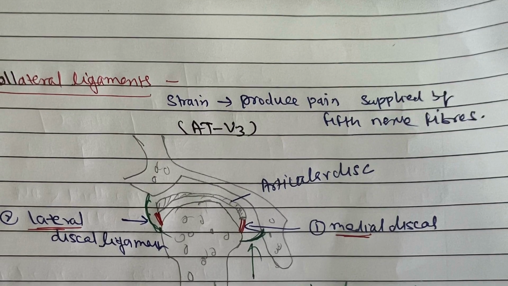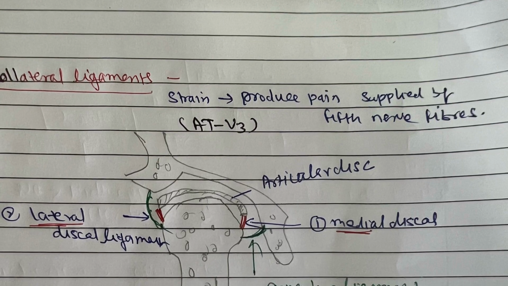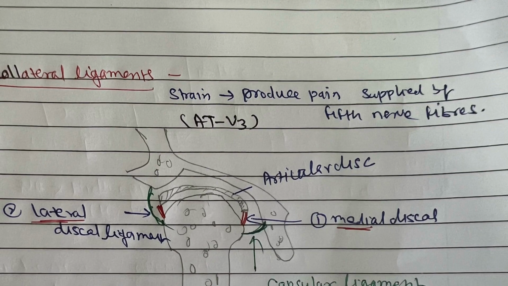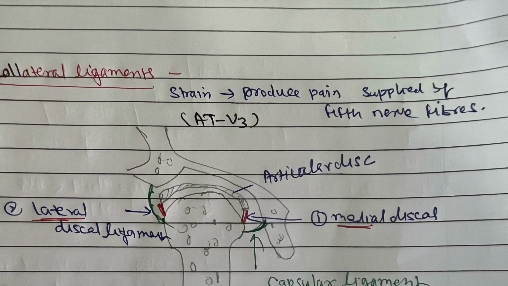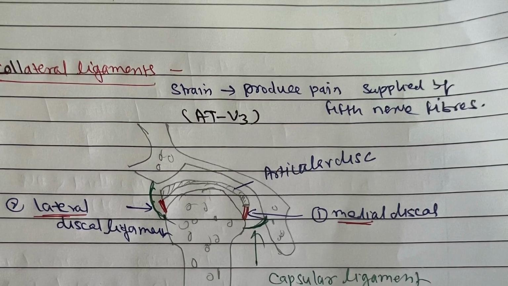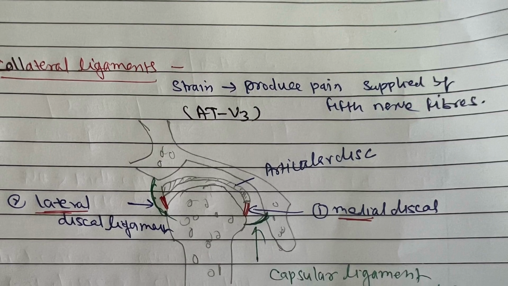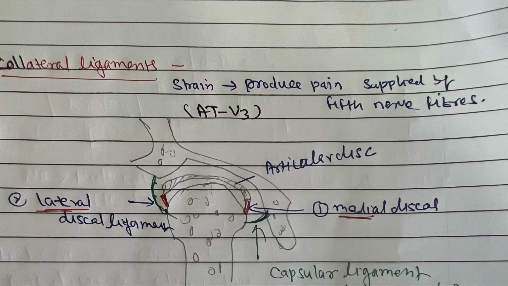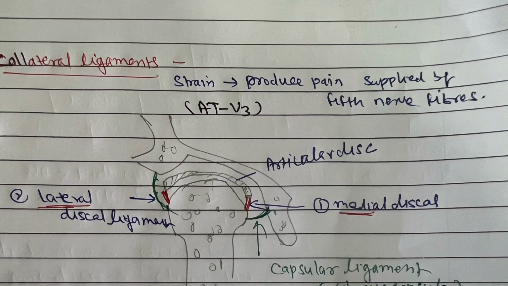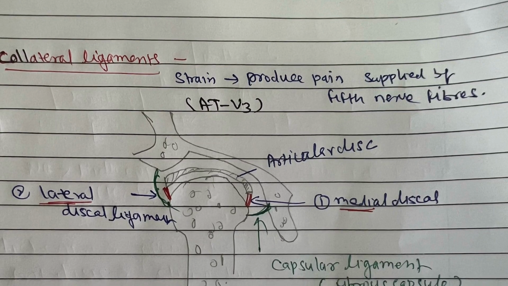The third ligaments of the TM joint are the collateral ligaments. You can see these two ligaments in this picture, in coronal section: the medial discal ligament and the lateral discal ligament. These two ligaments are very small, connecting the articular disc to the condyle, both medially and laterally. They are innervated by the fifth nerve, and they also sense pain during strain.